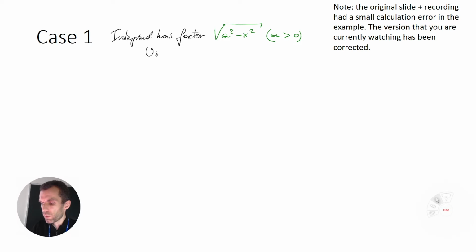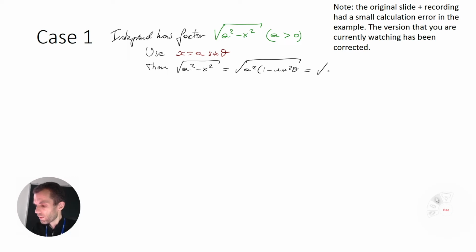And here we'll use the substitution x equal to a sine theta, because then that square root becomes square root of a squared minus x squared, which is a squared times 1 minus sine squared, which is square root of a squared cosine squared theta, and that's a times cosine theta.